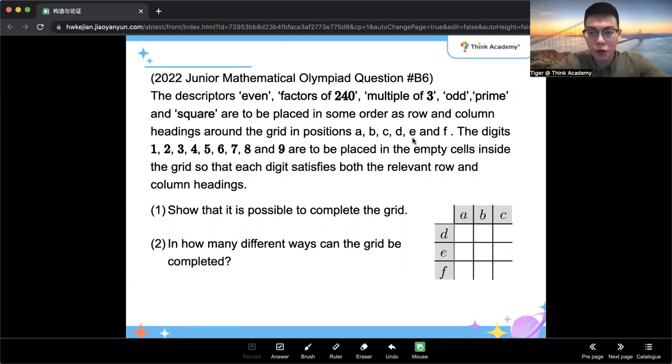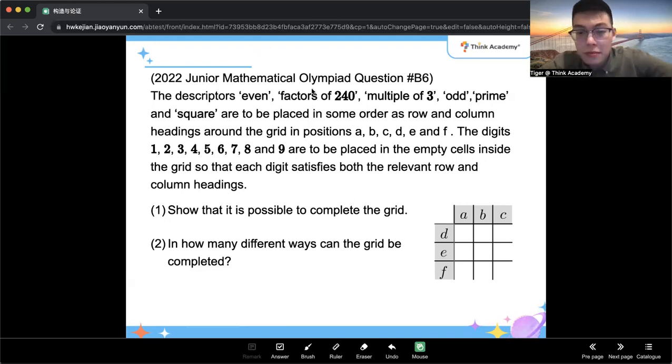Usually for construction questions, there will be two types. The first type is the more number theory type. The second type is the geometric type, which means that we need to draw some assisting lines, for example, to construct some shapes and figure it out.